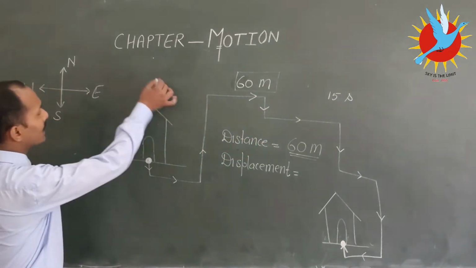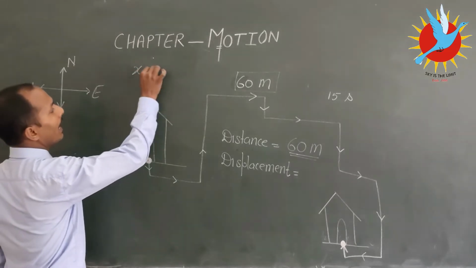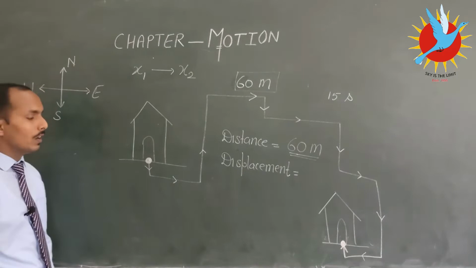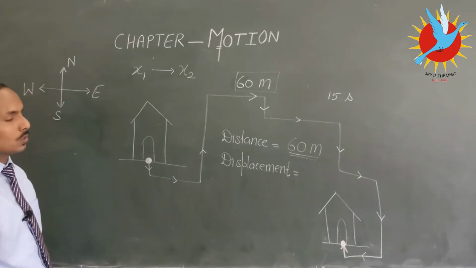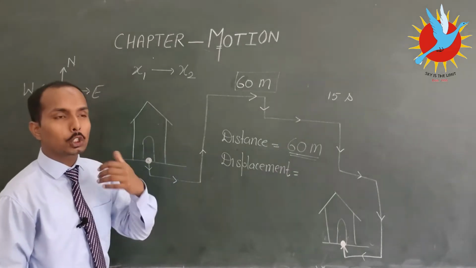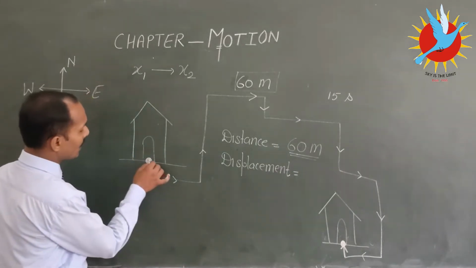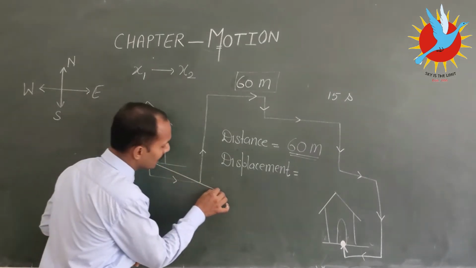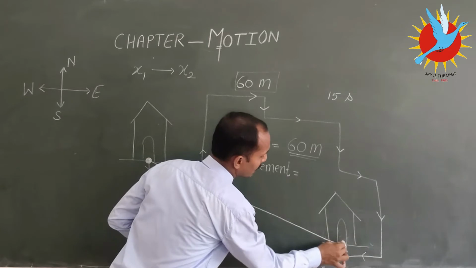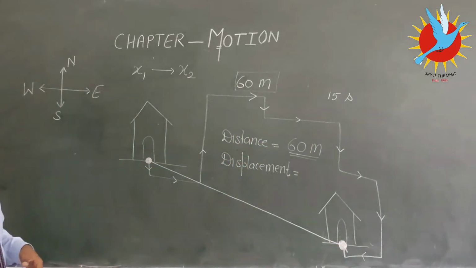So what is displacement? Displacement is the shortest path. And what is the shortest path? It means the straight line path between the initial and final position.